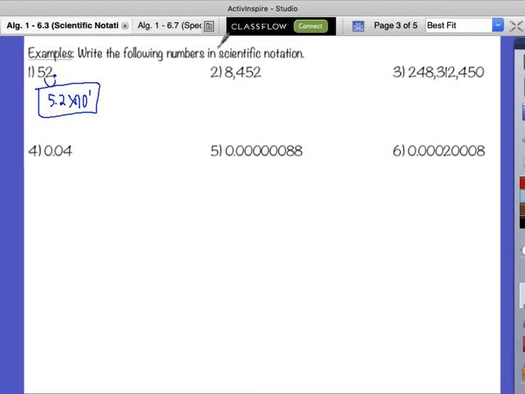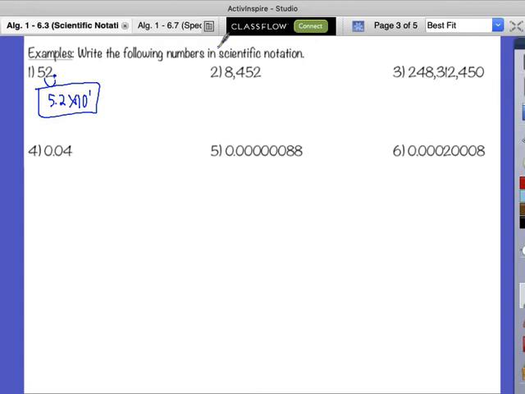Got it. It's always only one number. Yep, so that's right. That's where you want the decimal.